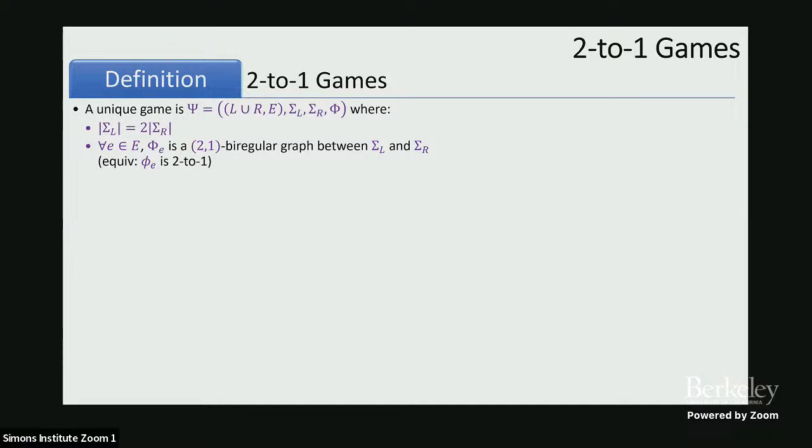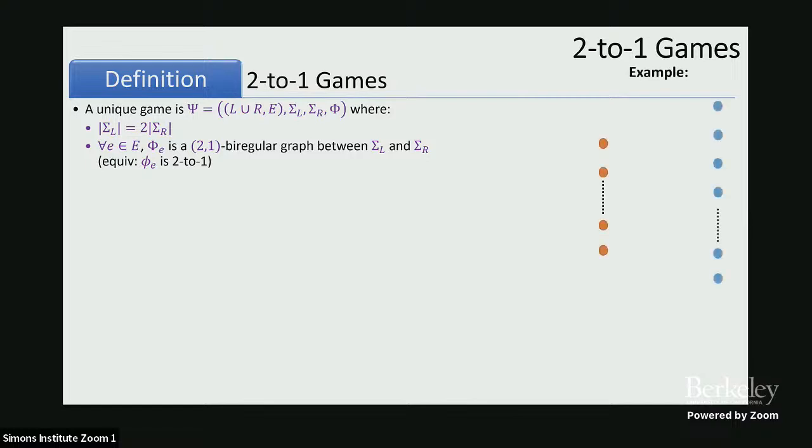Basically, a 2-to-1 game is as close to unique games as you can get without being unique. In other words, now maybe the alphabets are not the same, but the left side is just twice as large as the right side. And now, if you look at the constraint as a graph, it's not a matching, but it's a 2-1 regular graph.